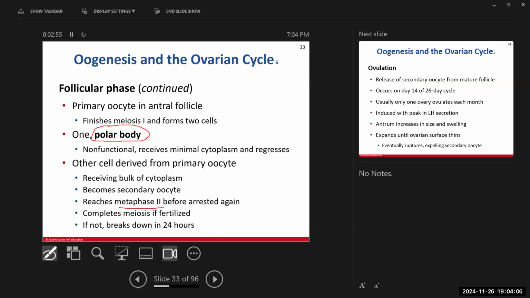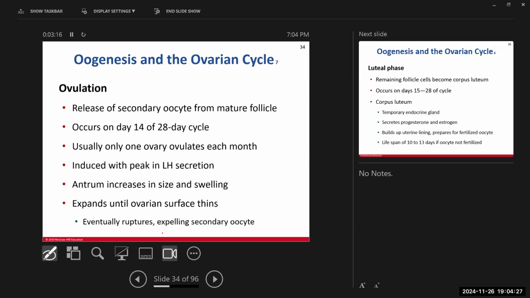And if it doesn't, most of us know, there's a 24-hour period during ovulation in which some folks like to say the female is fertile, where the possibility of fertilization occurs. That's because the oocyte itself just degrades. So don't hold me to 24 hours, but it's roughly around there.